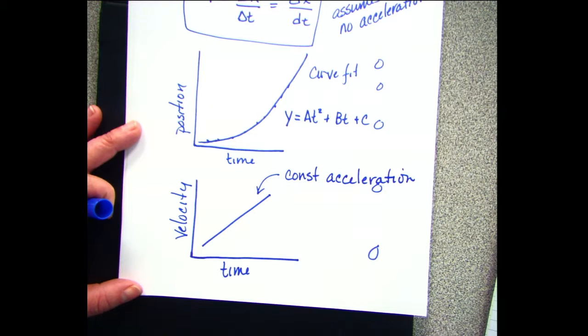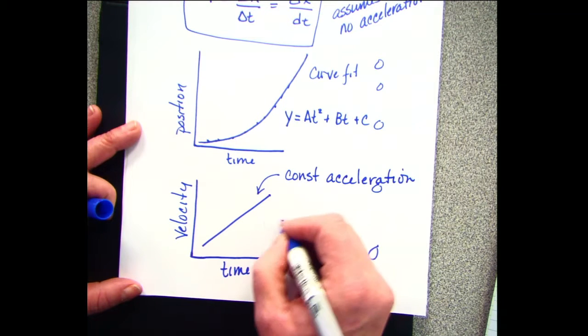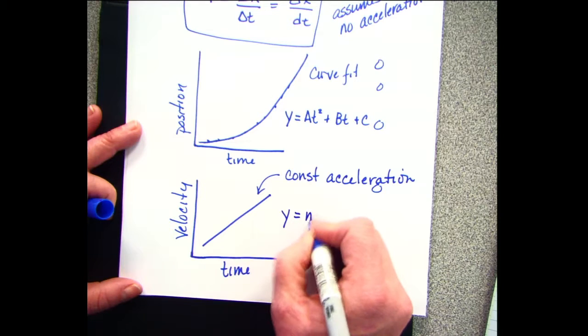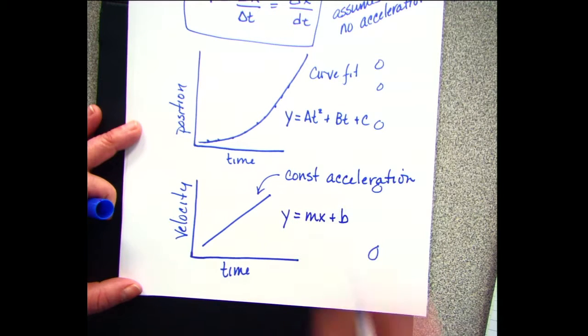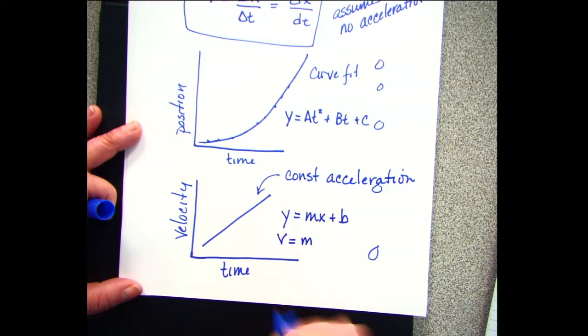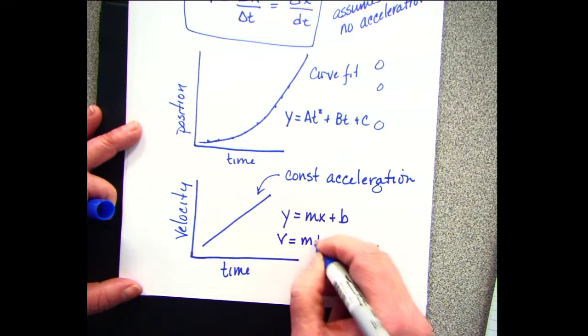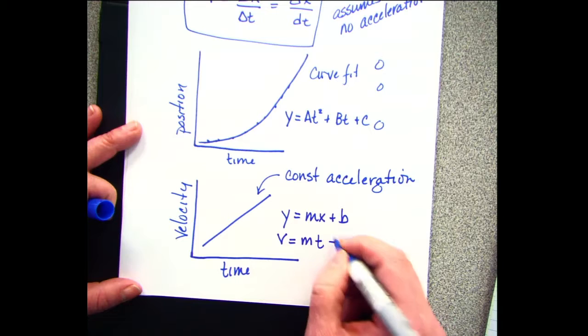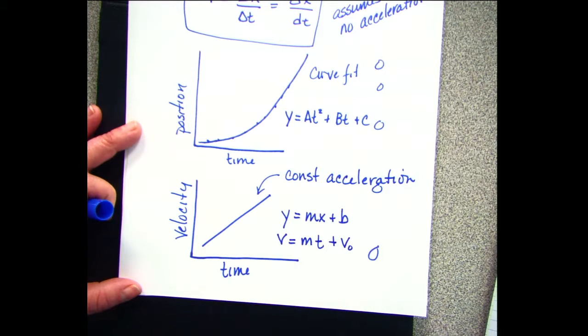I can still rearrange my equations. So I can have y is equal to mx plus b, except now my y is velocity. My m is going to be whatever my acceleration turns out. My x is t, and that b is whatever my initial velocity was.